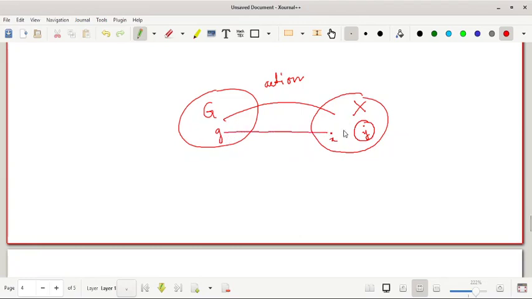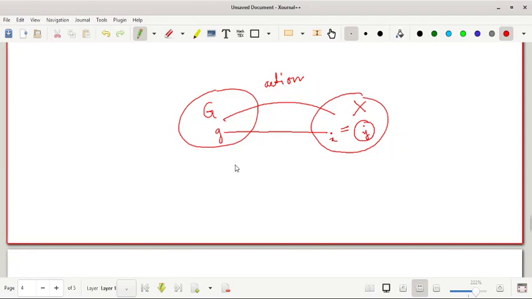G acting on x will give you y. And similarly, when g acting on x gives us y, then g inverse acting on y will give us x. And if this is true for any x, y, then we say that the action is transitive.